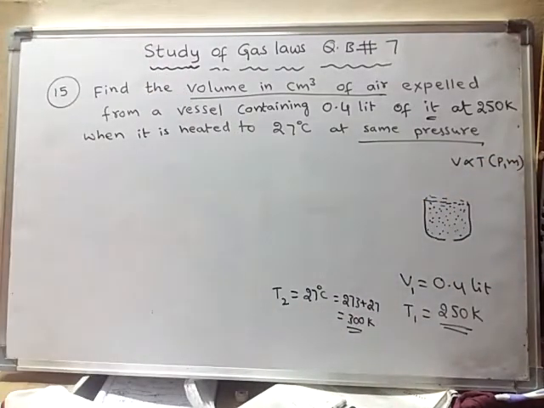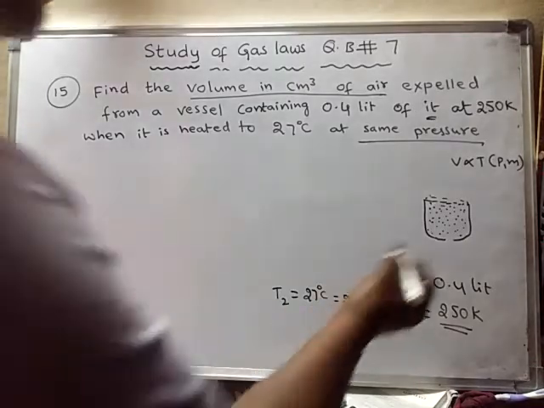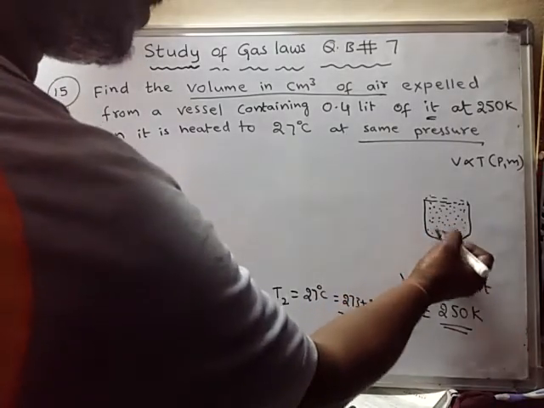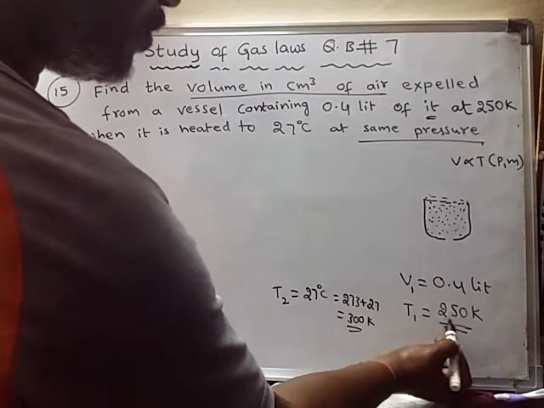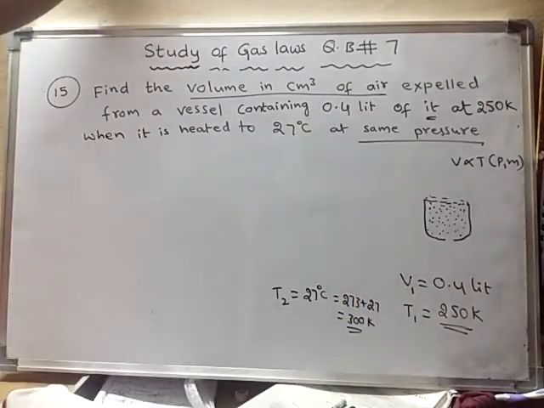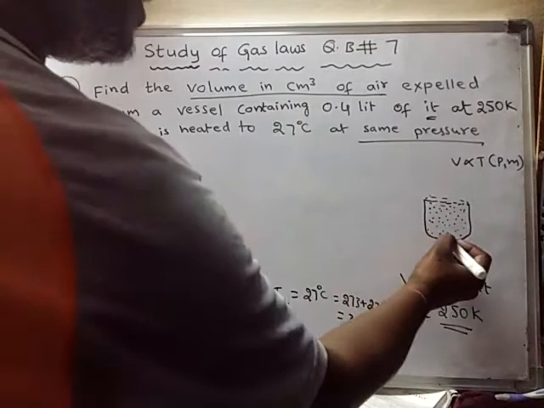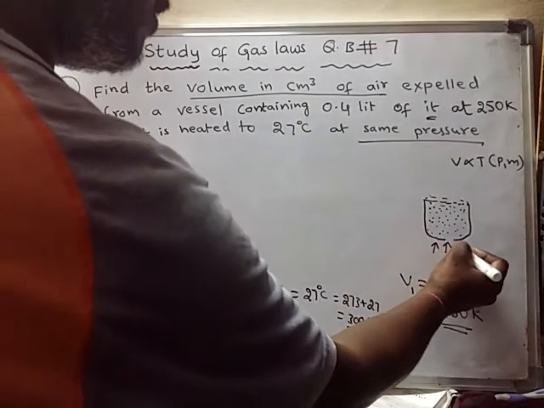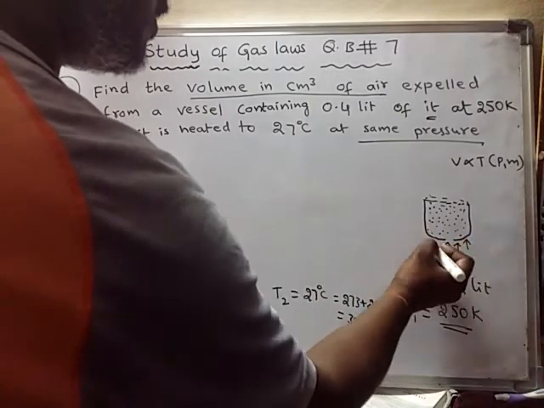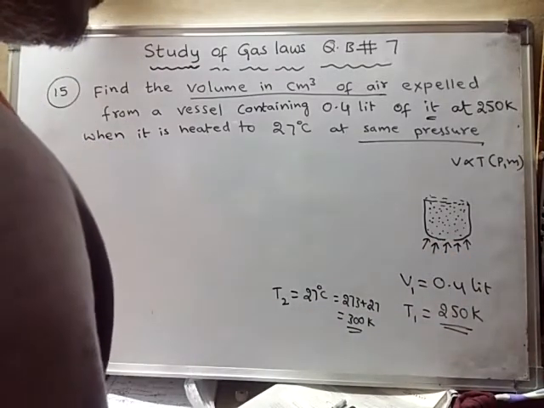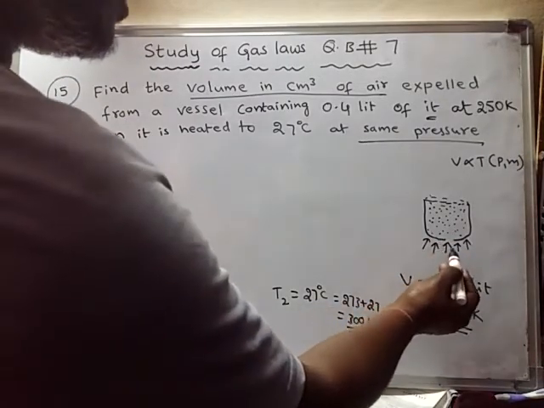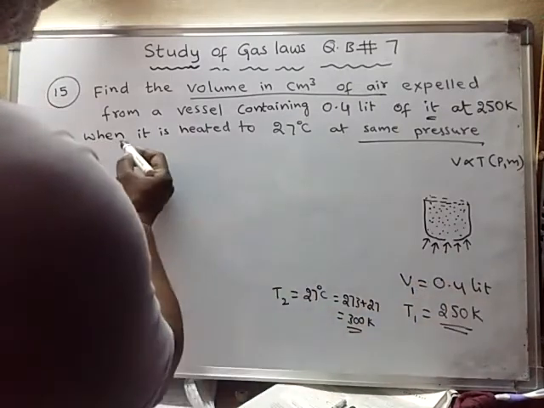See, look here. This much volume of the gas is there, and the temperature is 250 Kelvin. When this gas is heated, its temperature is raised. To what temperature is it heated?